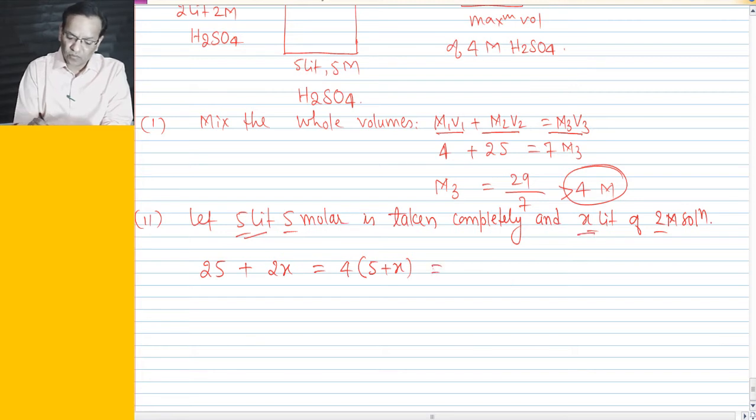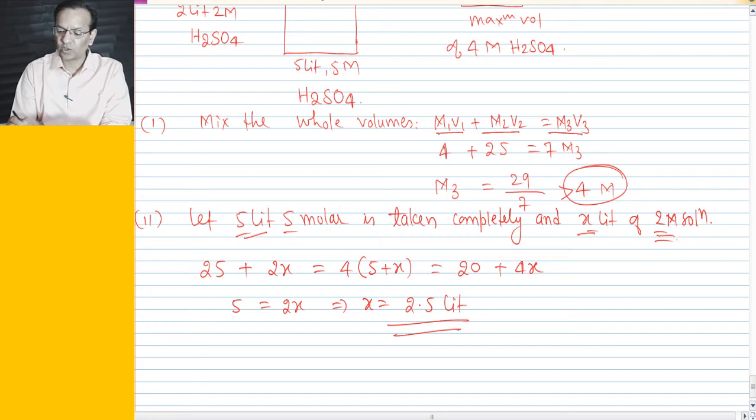So it is 5 into 4, 20, plus 4X. If we solve it, 25 minus 20 is 5 is equal to 4X minus 2X, 2X. So X will be equal to 2.5 liters. So we will require 2.5 liter of this 2 molar solution.